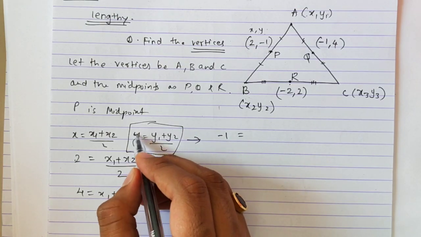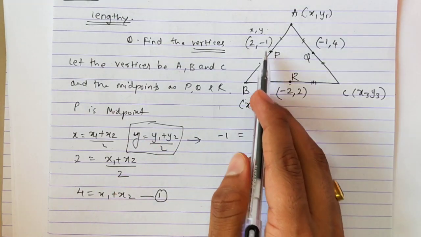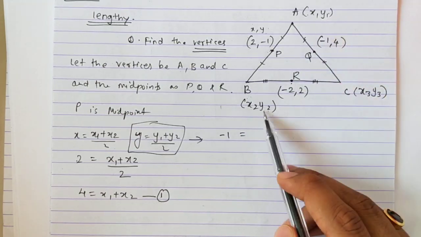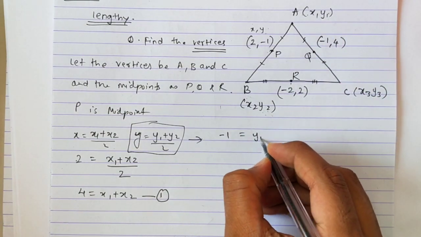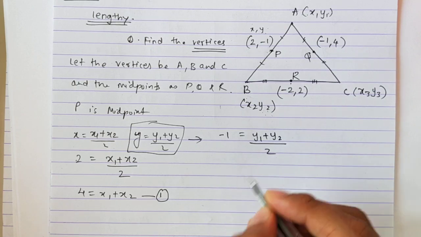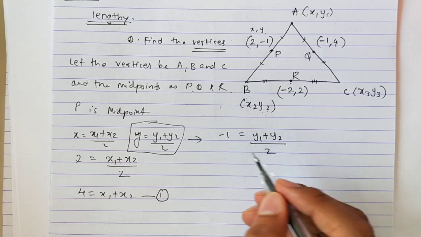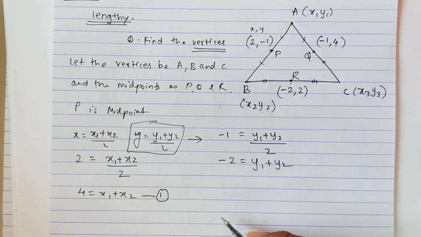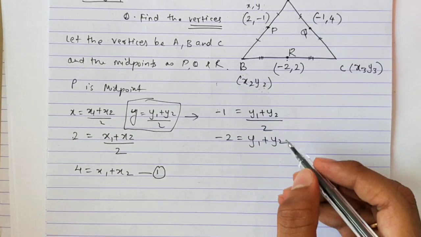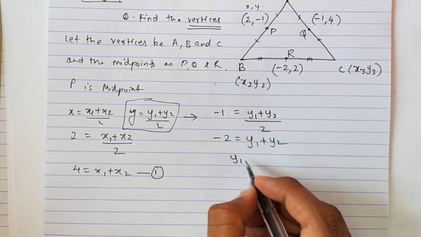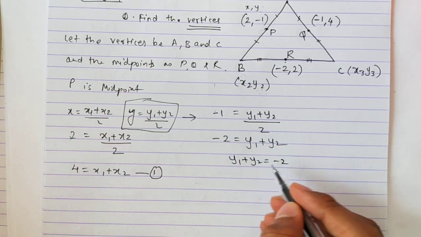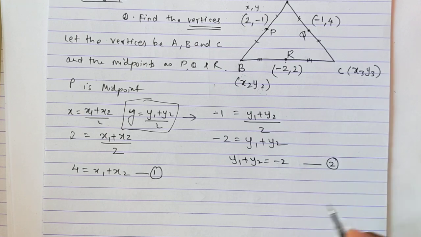Here I have written the value of y as -1. y1 and y2 both are not known, so I'll write (y1 + y2) upon 2. This 2 gets multiplied here, so I get -2 is equal to y1 + y2. I'll rearrange it and write y1 + y2 = -2, with the variables first. I'll name it as equation 2.